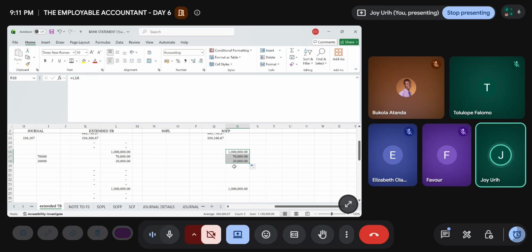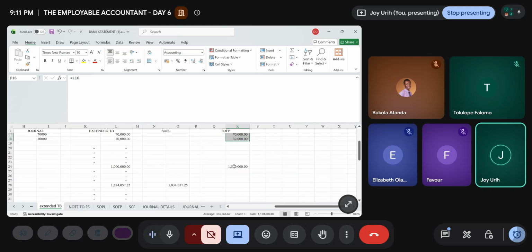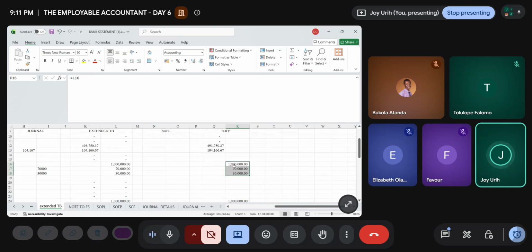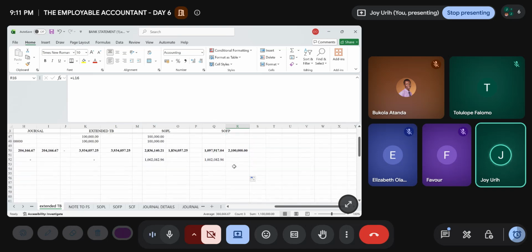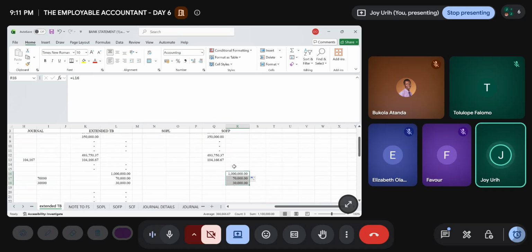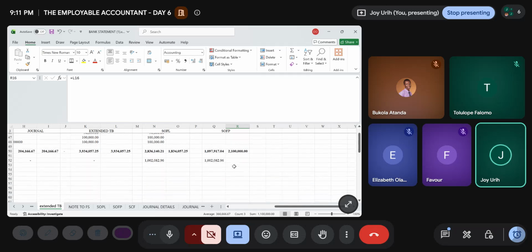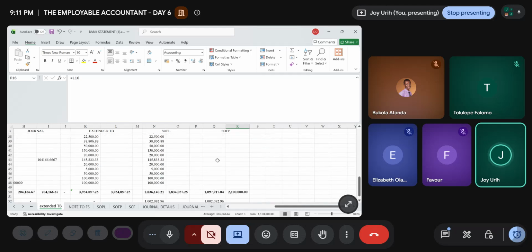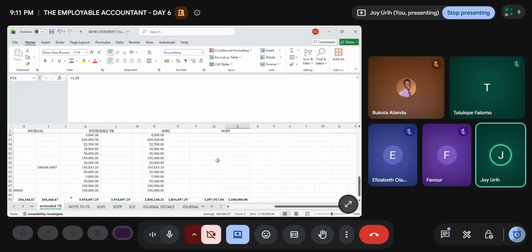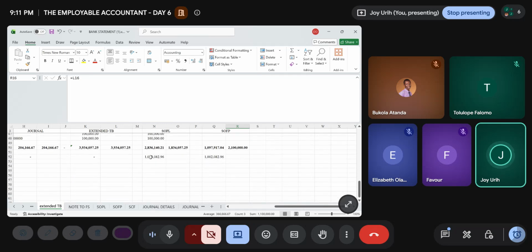So these are things that you check for when you are bringing in a new item that is not in the extended TB. Ensure that it is appearing where it's supposed to be. If it's a statement of profit or loss item, check, is it appearing there? If it's a statement of financial position item, is it appearing there? That's the only way your financials can actually agree.